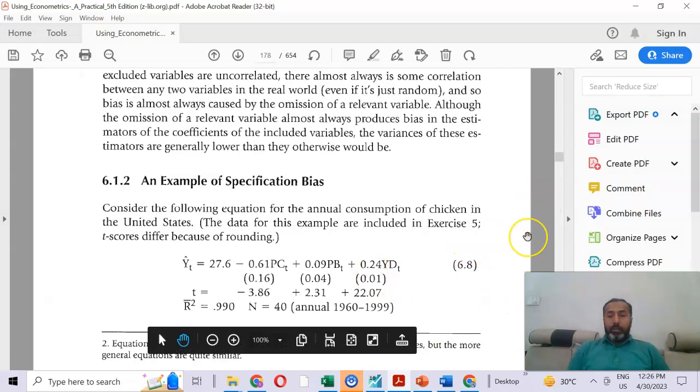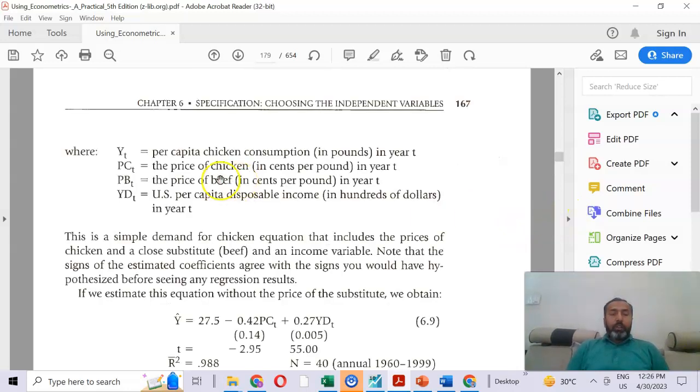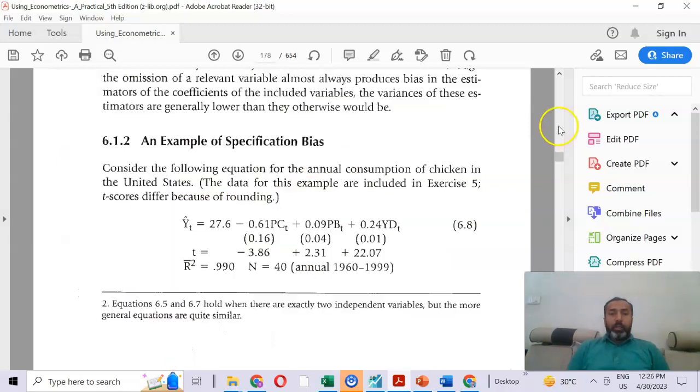So what are these variables? You can see here that Y has been measured by per capita chicken consumption in pounds in a year, while price of chicken is denoted by PC in cents per pound, and then the price of beef is in cents per pound, and then the disposable income.